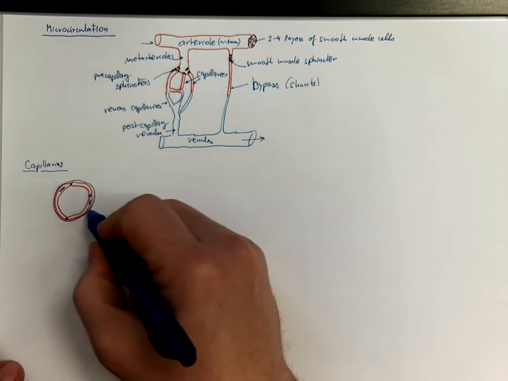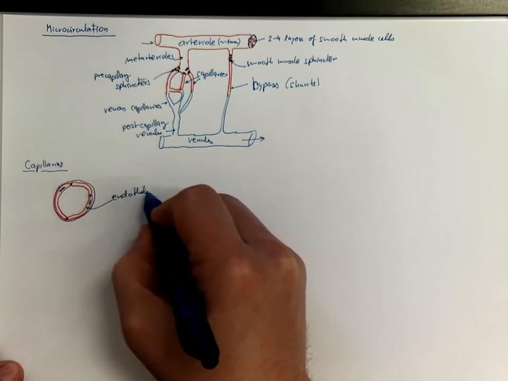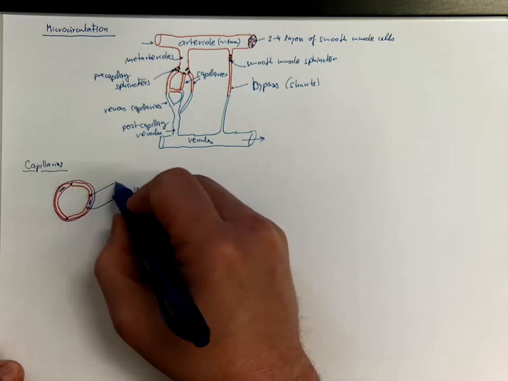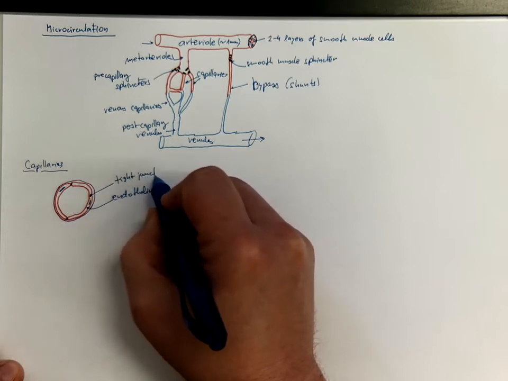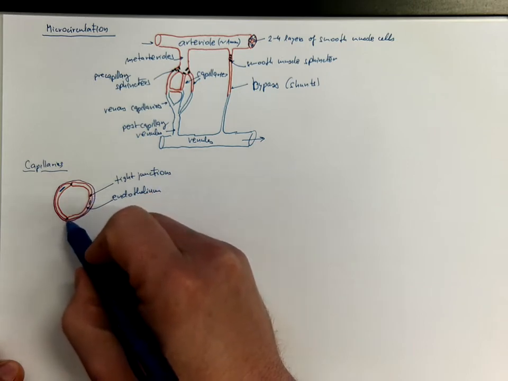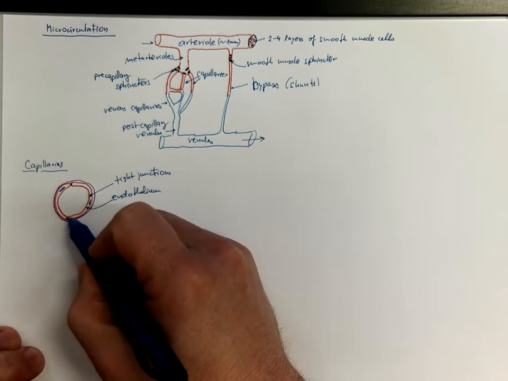So we got endothelium, we got tight junctions between the endothelial cells, the tight junctions are sealing the spaces among the cells, so no molecules can pass through the extracellular space.